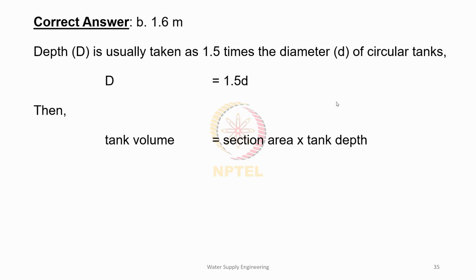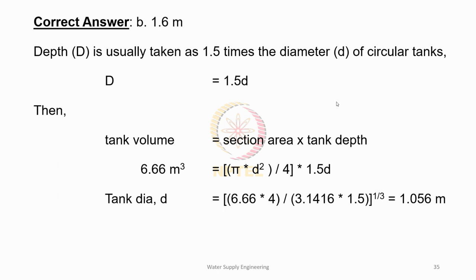So in the previous question, we had calculated the tank volume as 6.66 meter cube, if you remember. That is by multiplying Q and T. So that is equal to pi by 4 d square into tank depth, that is 1.5 into d. So rearranging and solving for small d, or the diameter of the circular tank, we get it as 1.056 meter.